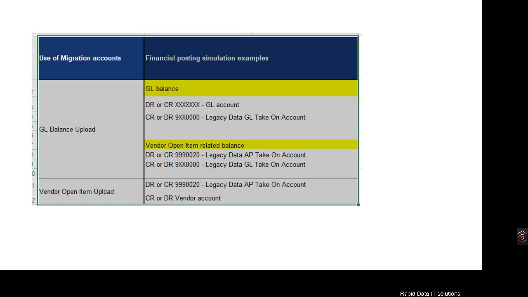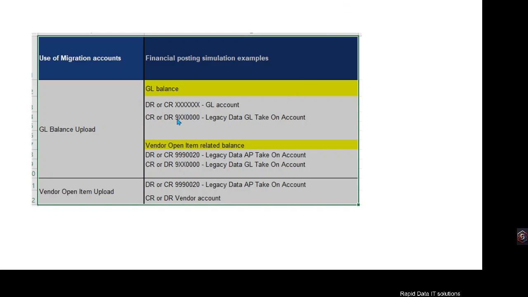So basically, all the GL accounts are going to have the offset account, which are the take-on accounts. By principle, the balance of the GL accounts together at the company code and profit center level should be zero. The offset lines, which are the second line here, the GL take-on account, is a migration account, and the account numbers vary from project to project. We have just given an example.